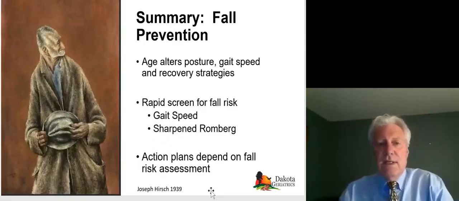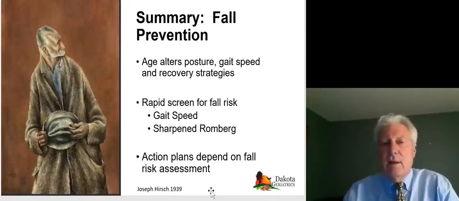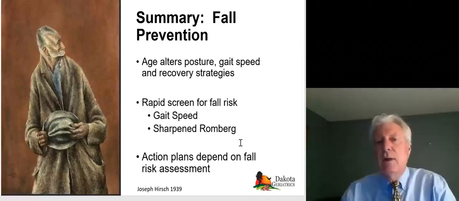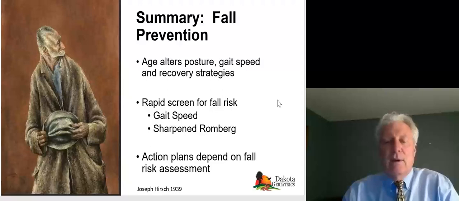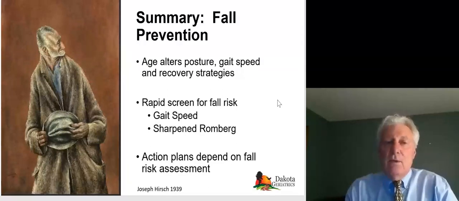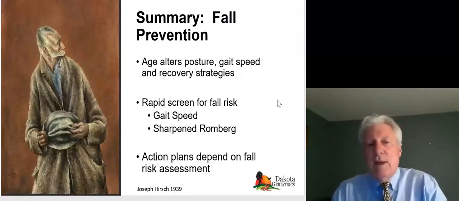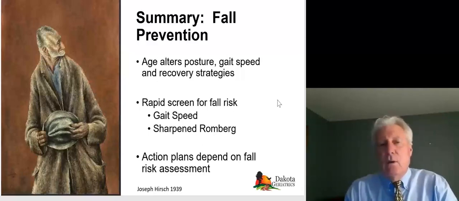I would just like to summarize that we know that age alters posture. It starts to slow gait speed, and our recovery strategies when we have a gait perturbation are altered with aging. We can do a rapid screen for falls by doing either gait speed or the Sharpened Romberg.